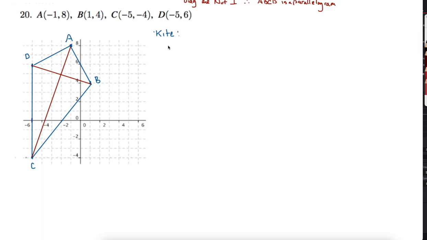So let's check the slopes of the diagonals, and the midpoints of the diagonals. If we do those two things, that's going to be enough. So let's do the slope of D to B and the slope of C to A. D to B, we're going down 1, 2, and then over 1, 2, 3, 4, 5, 6.